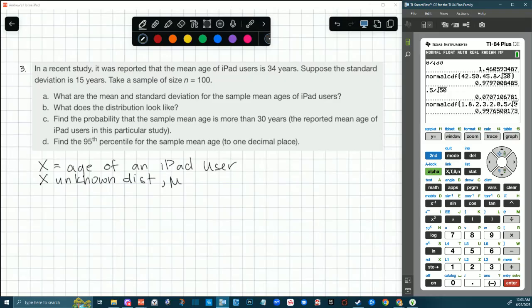But we do know that the mean is 34, and the standard deviation is 15. We also know that we're taking samples of size 100.